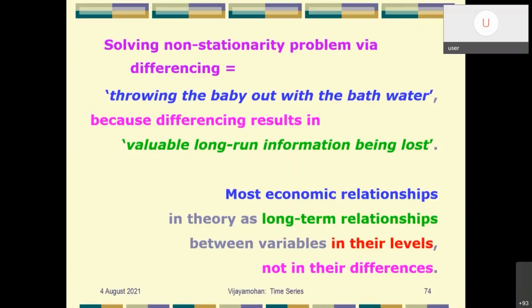And in a short-run regression, we do not have the long-run information. That is the problem. Now, most of the economic and financial relationships in theory are given in terms of long-term relationships, not in terms of short-run ones, between the variables in their levels, not in their differences.